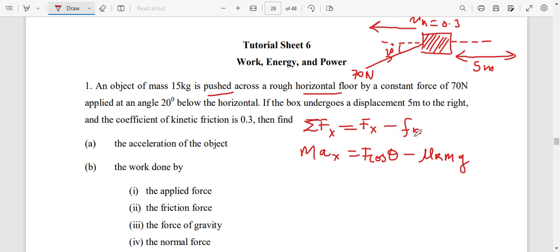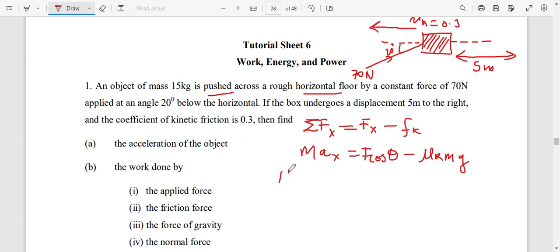Okay. So kinetic friction is given by coefficient of kinetic friction times normal force. But since this is a horizontal floor, the normal force is mass times gravity. Is that okay now? Yes. Okay, so let's now substitute.